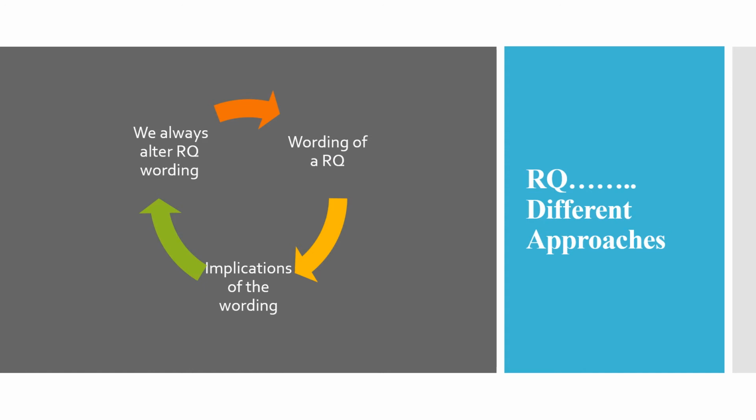Let's see how the wording of a research question can determine the method of a study. A good research question focuses on a specific aspect of a specific problem. The research method will also be specific to the particular research question.